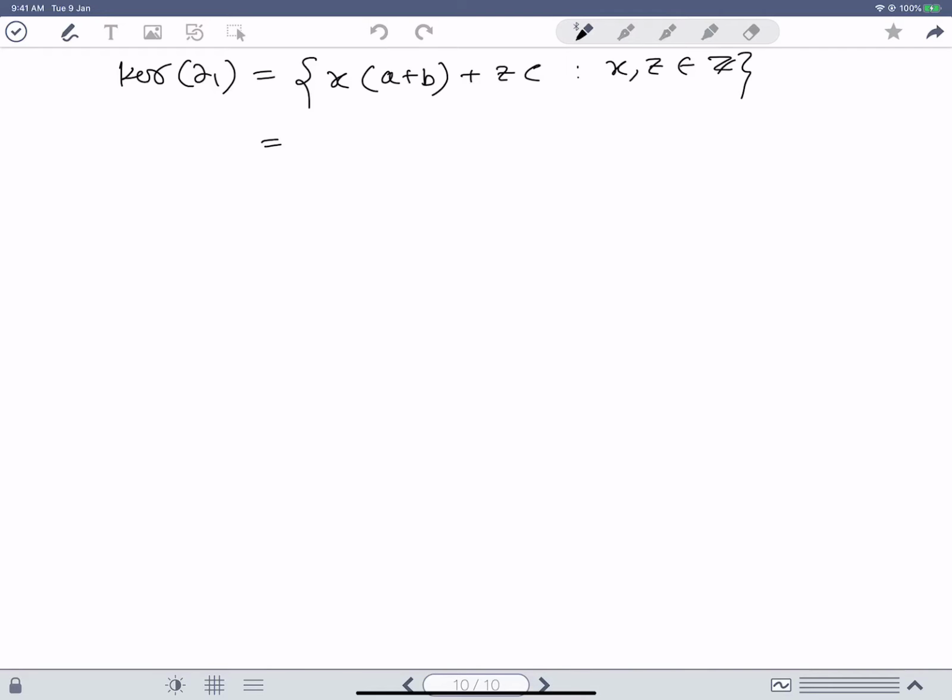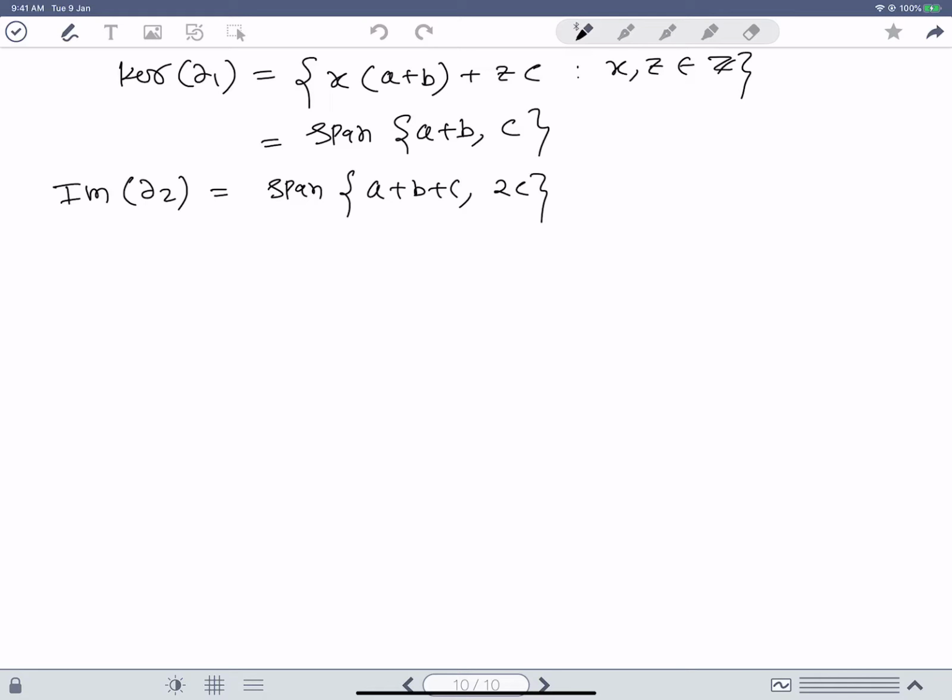So that is span of a plus b comma c. Now it is given that image of ∂2 equal to span of a plus b plus c comma 2c, right? So we can write the kernel of ∂1 as span of, just take the sum of the first two terms, a plus b plus c comma c.